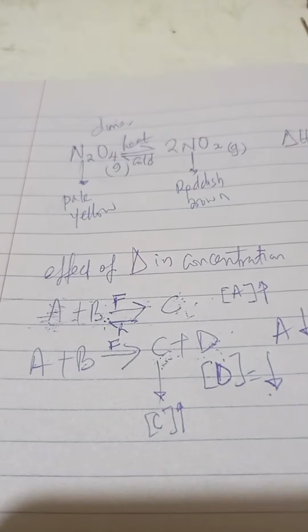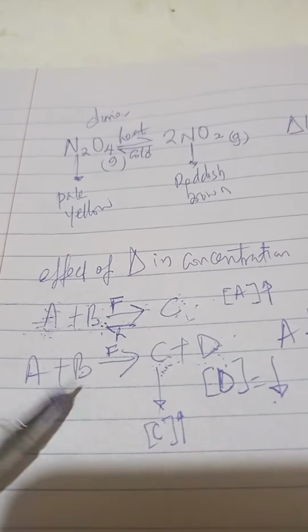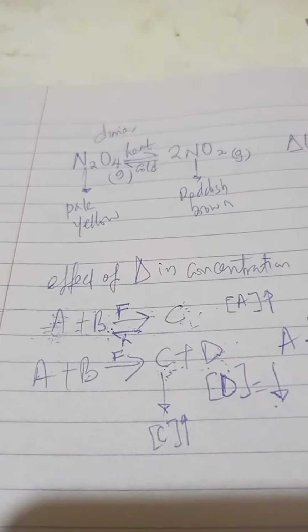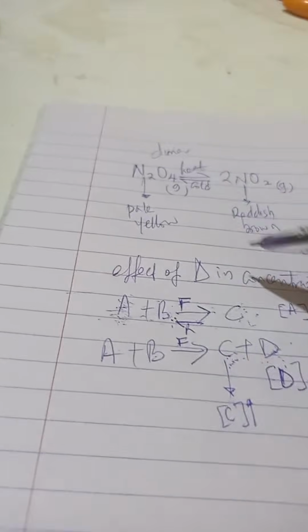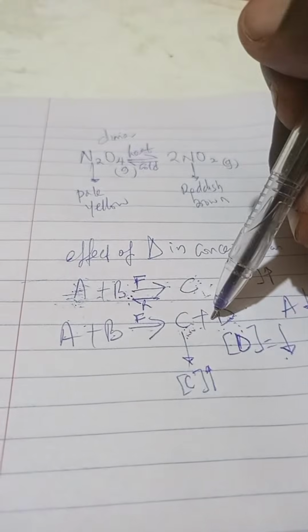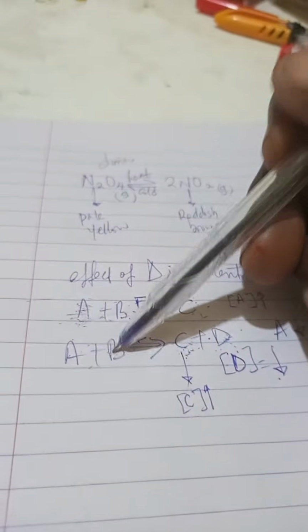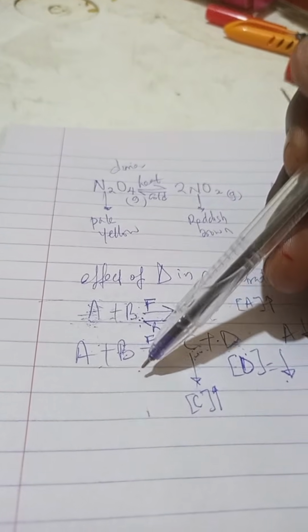If you don't understand concentration, okay. Concentration is about increasing one part. If it is high on one part, then you have to lower it on the other side. For example, listen carefully. This reaction is A plus B produce C plus D. If this B is reduced, that means that A cannot combine with plenty amount of B again.